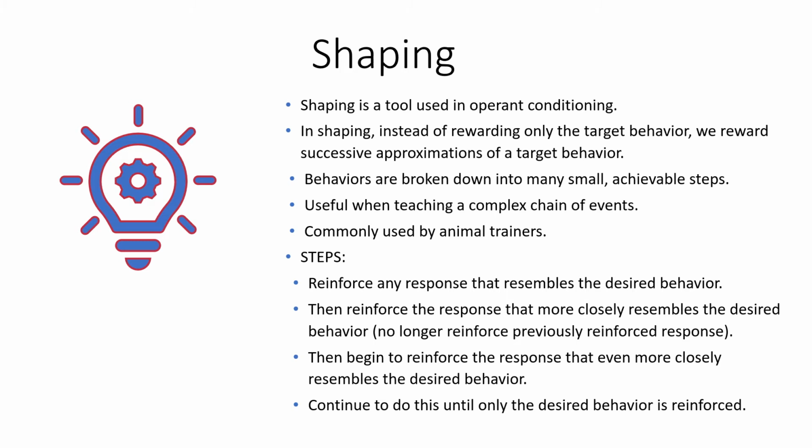I won't go through every step, but as that dog is engaging in the desired step, you're going to reinforce it. So you start with the basic one. It's touching its paw on the pedal, right? And then you reinforce it. Once it's mastered that behavior, you stop reinforcing it. The dog's going to want to be reinforced, so it's going to try some new things.